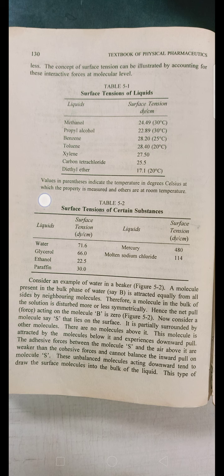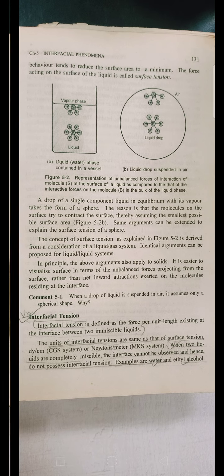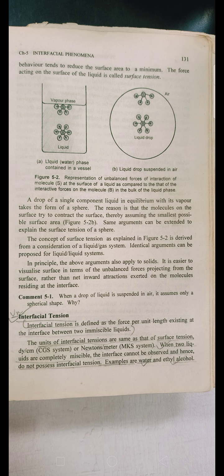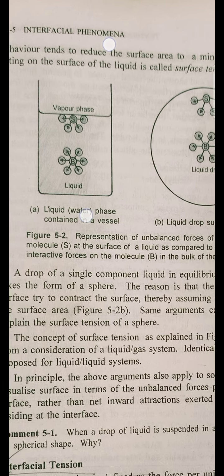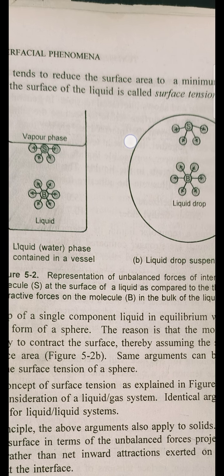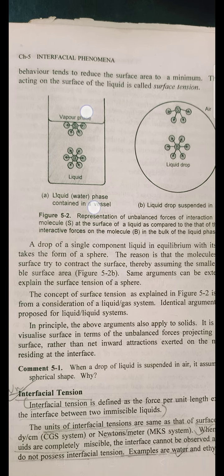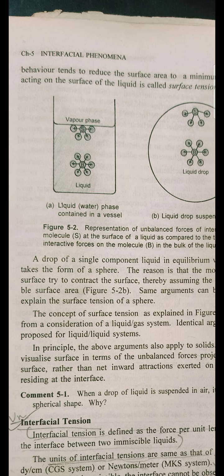Now see the molecule in the bulk of the phase, figure B. See this figure C, very nicely given in this book. See molecule S and molecule B. Molecule S is at the surface and molecule B is in the bulk.